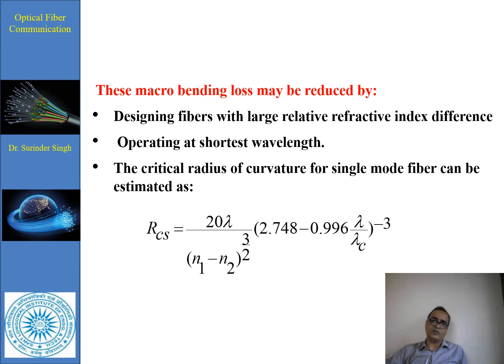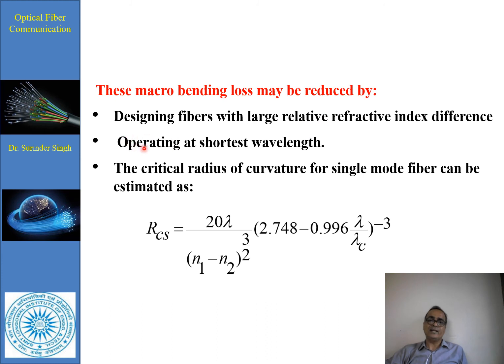So there are ways we can reduce these micro bending losses. One is designing a fiber with a large relative refractive index difference between the core and cladding. That should be a large n1 minus n2. By this, the micro bending loss can be reduced, so that the maximum power is propagated only in the core due to this large difference.